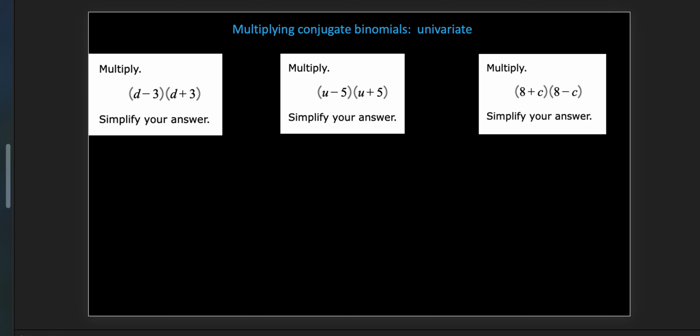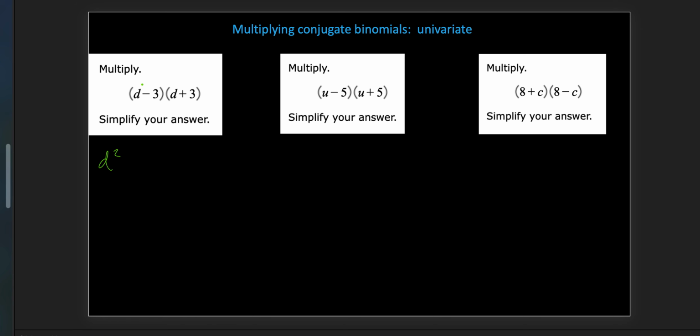And the next problem is a similar kind of thing, univariate. That just means one type of unknown variable. I'm not sure why we had multivariate first, but we do use FOIL, so the first positions for this problem will give me d times d, and that's d squared.